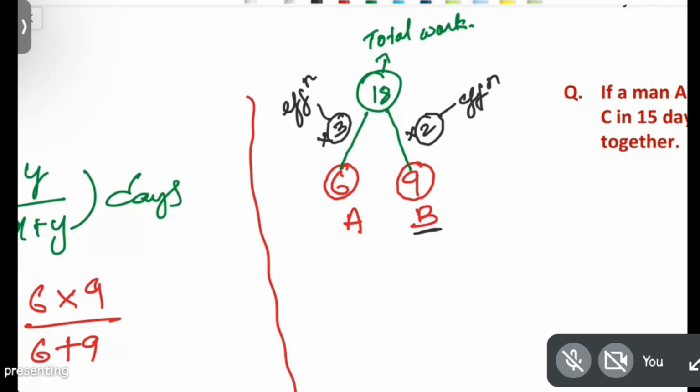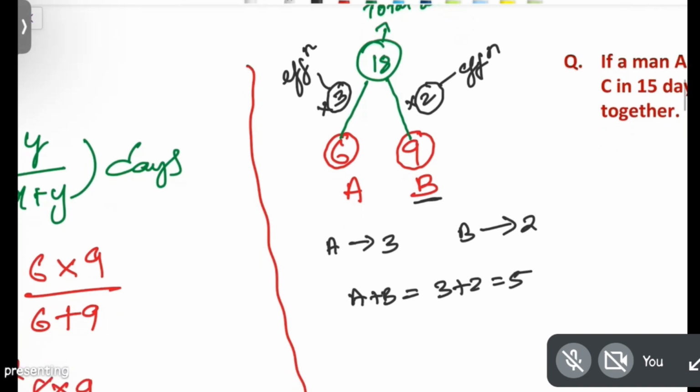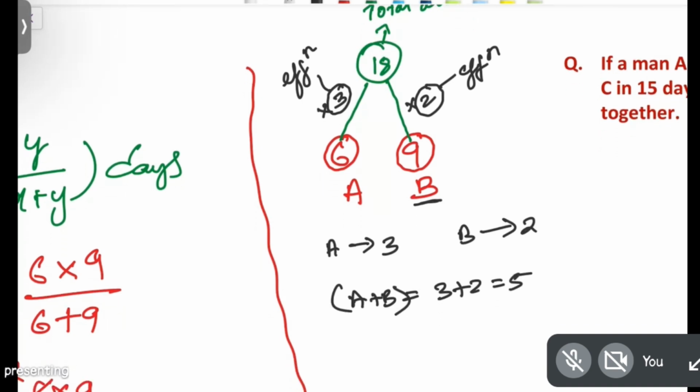Now by this, we can understand that in a day A can do 3 pieces of work and B can do 2 pieces of work in a day. Now if A and B work together, then there will be 3 plus 2, which is 5. A and B working together can do 5 pieces of work in a day, but what is the total work that needs to be done?